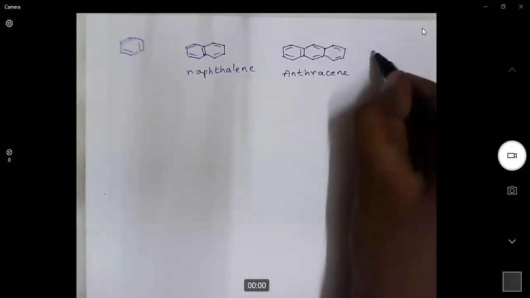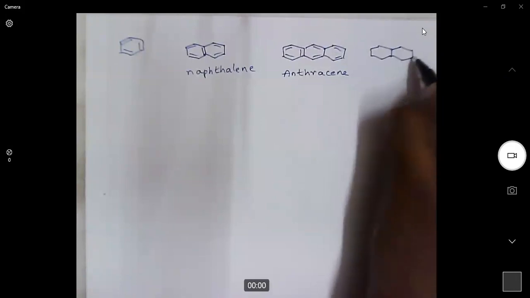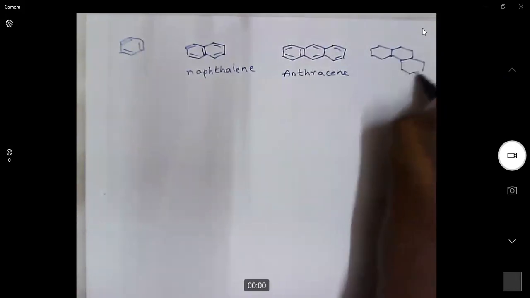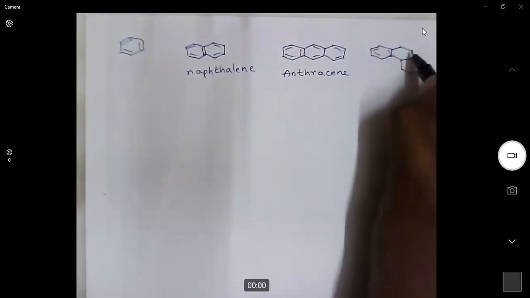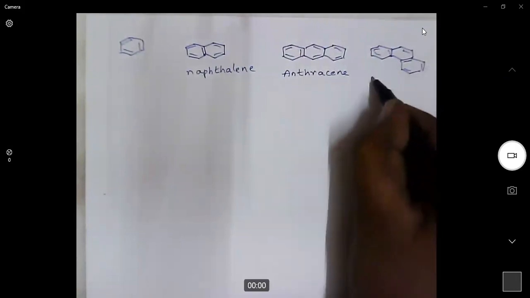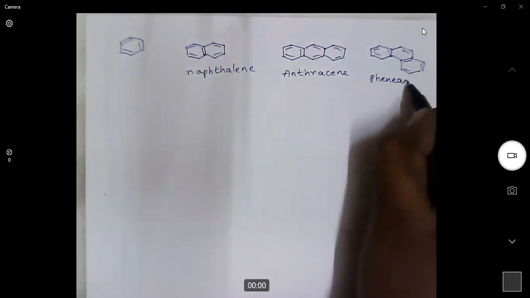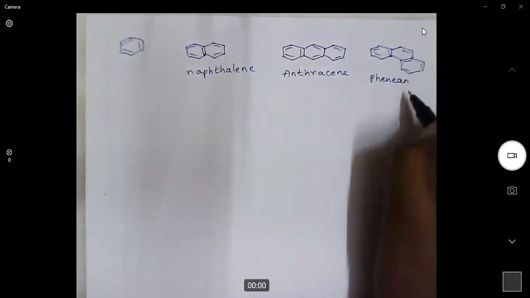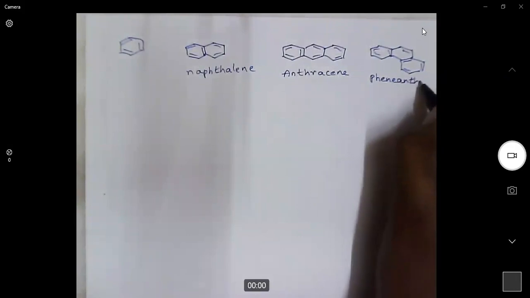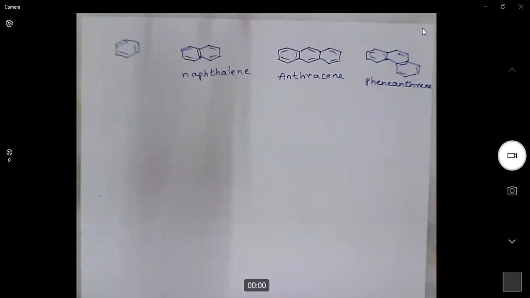If these three rings are not linear, but a little bit angular, then this is called phenanthrene.